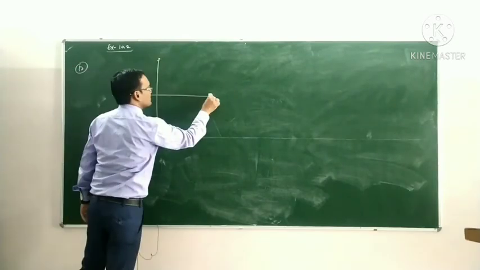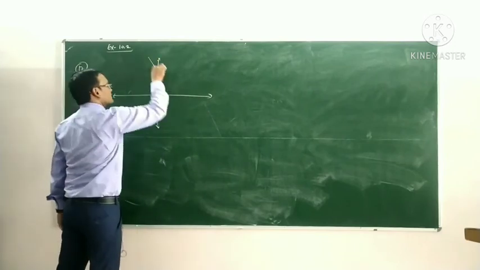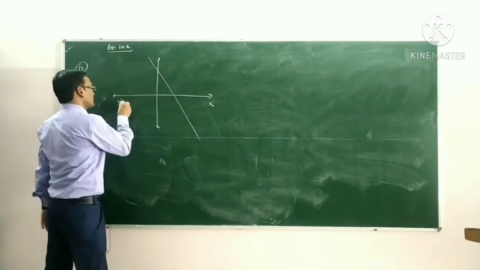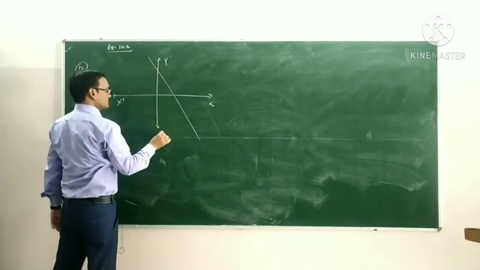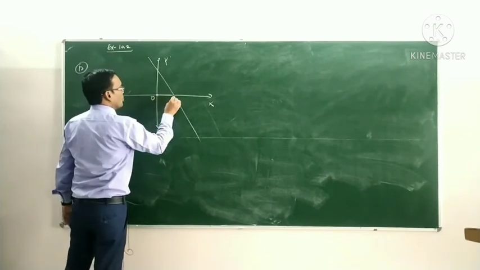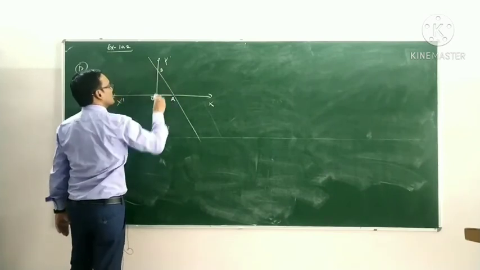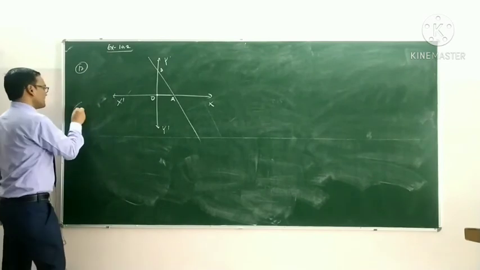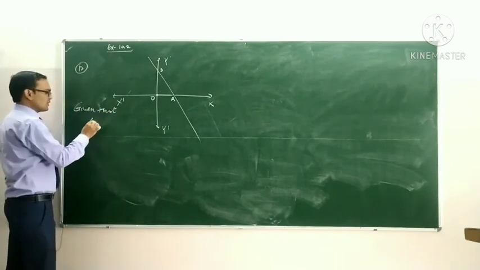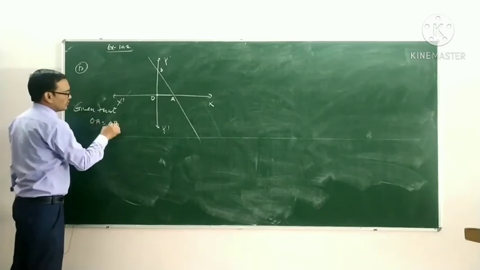The line cuts equal intercepts on both axes, x axis and y axis. Here, OAB, that means given that in this question OA equal to OB.